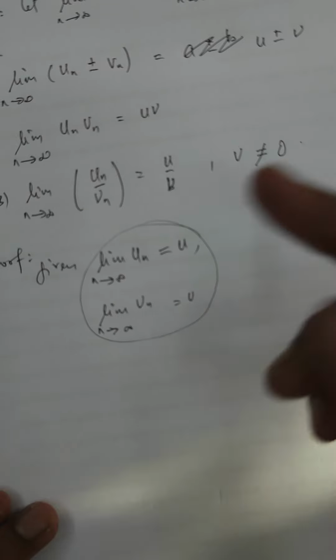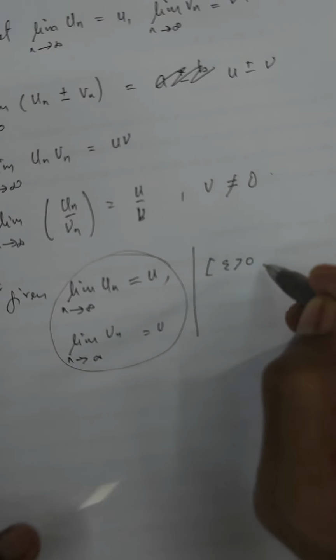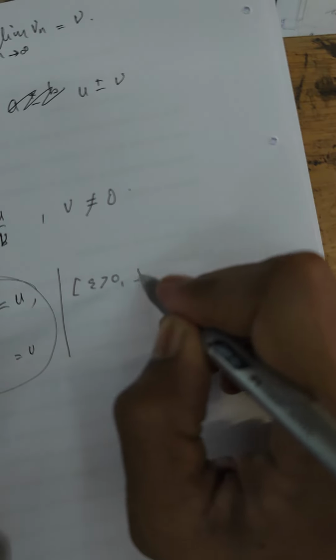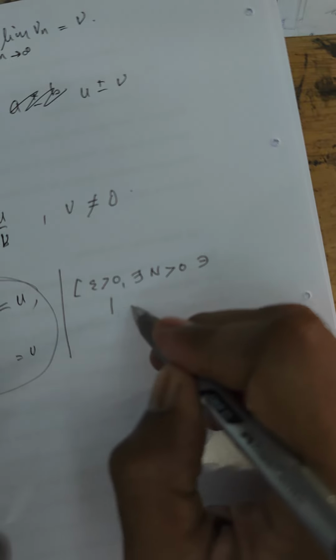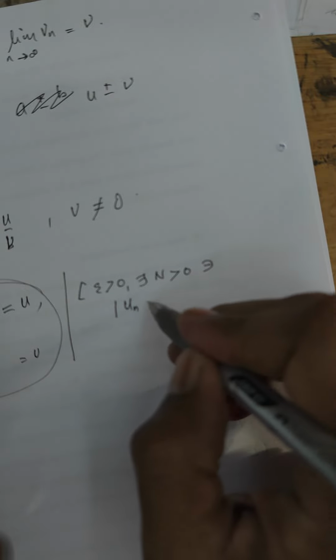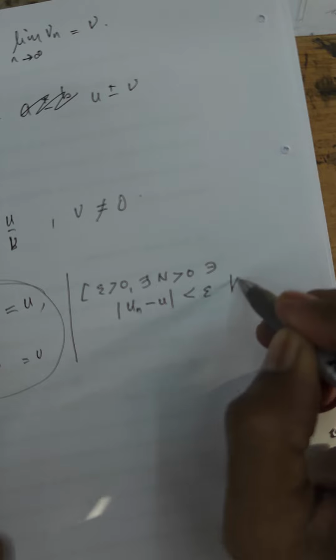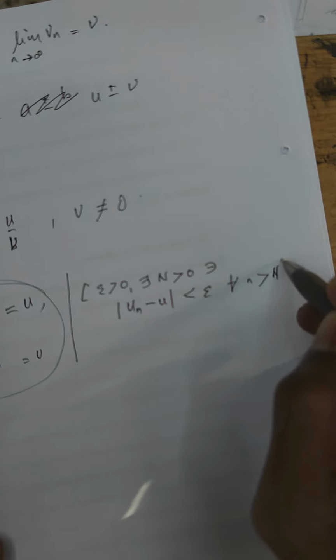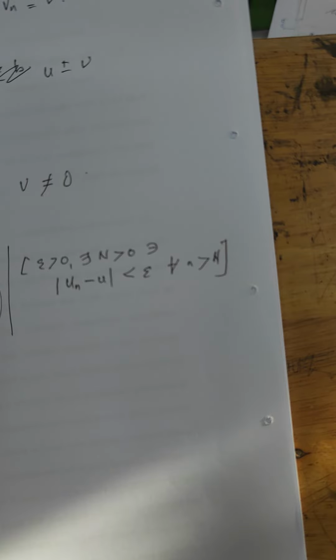Let me give it in general. What is the definition of the limit of a sequence? Given any epsilon positive, you can find N positive such that the difference between the nth term of the sequence and the limit is less than epsilon for all n greater than N. So in general, we have this for a sequence.